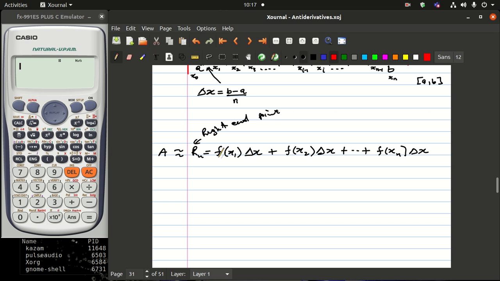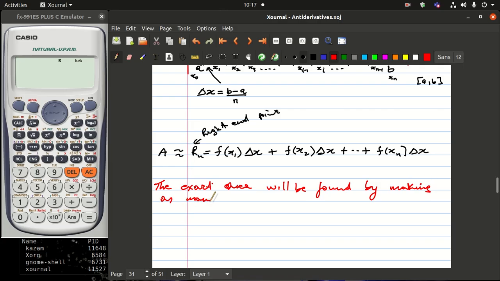So with that being said, the exact area, let me write this, will be found by making as many rectangles as possible.